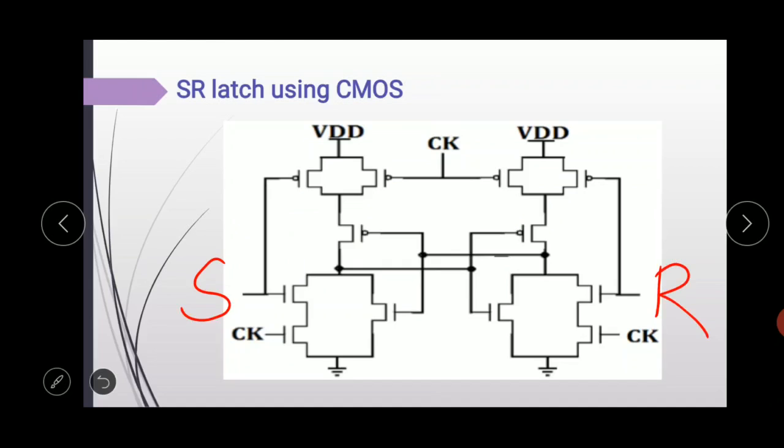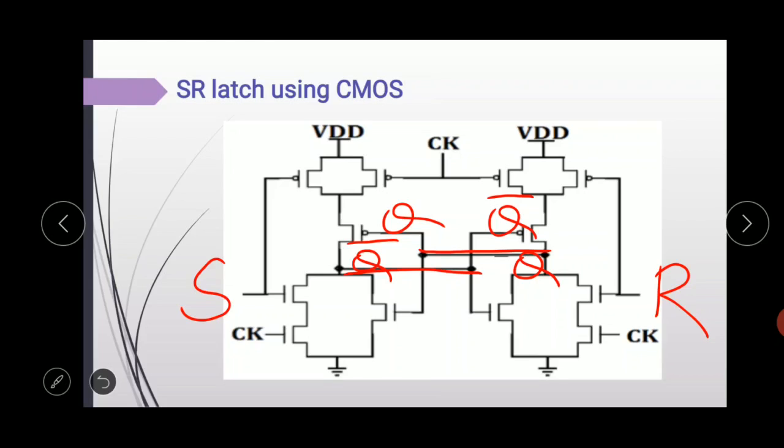Here is the Q bar, here is the Q, and here is the Q input and here the Q bar input. The Q bar output is connected with the Q bar input of the gate where the input R is given, and the output Q is connected with the input Q of the gate where S is given.